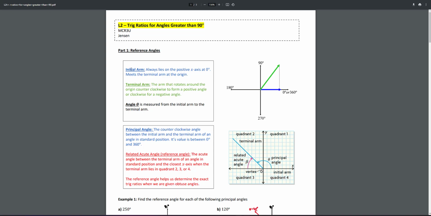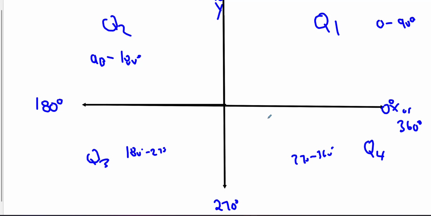So there's something called an initial arm. An initial arm is always on the positive x-axis at 0 degrees. It doesn't move. So your initial arm, well, I probably should have picked a different color. So this is your initial arm.